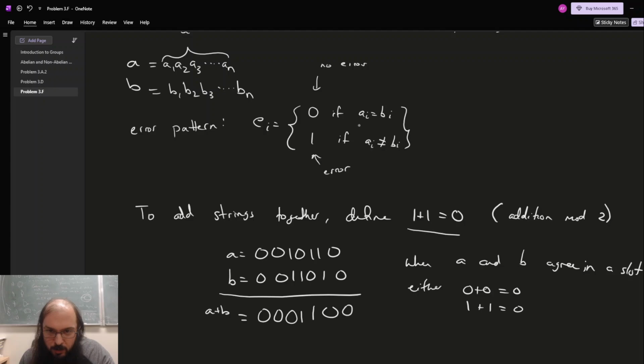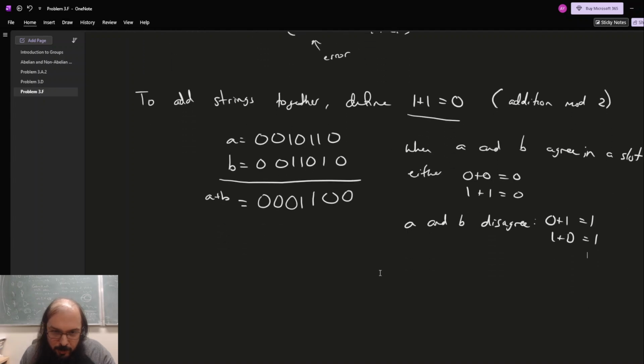That's what we saw up here. On the other hand, if they're different, you have either 0 plus 1, which is 1, or 1 plus 0, which is 1. And so on the entries where they agree, we get all these zeros. On the entries where they disagree, we get the corresponding ones.